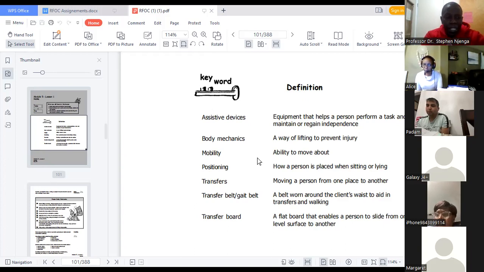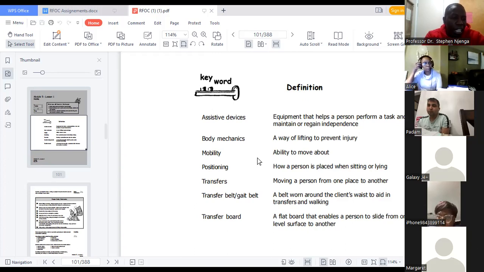Maybe this client is supposed to be transferred from the bed to the wheelchair by 2 people. So there's no way you can go and try to lift that person alone. If you try to transfer that client alone against what is documented in the care plan, then you are the one who will be into problem.